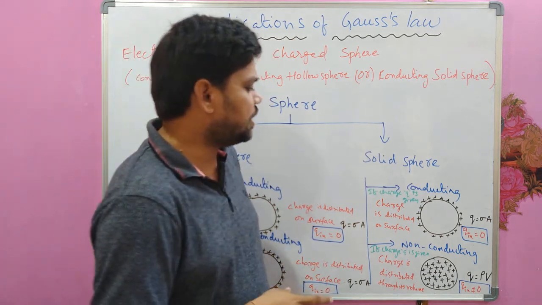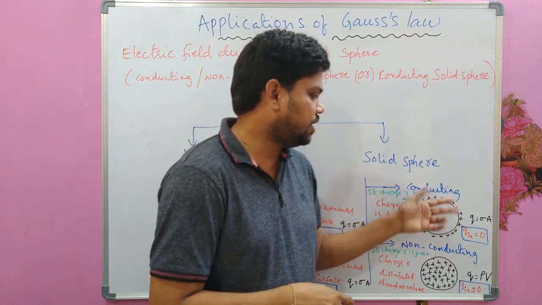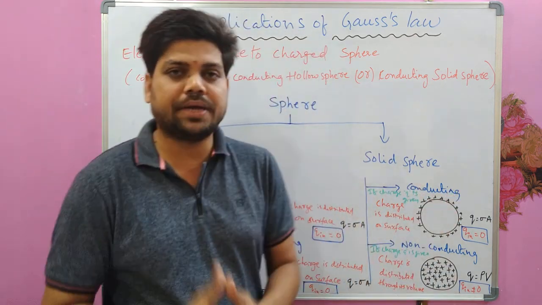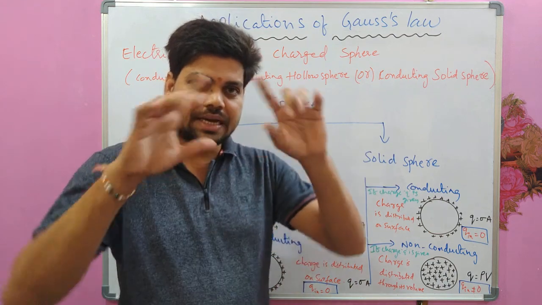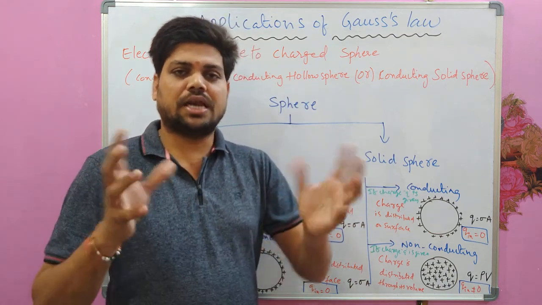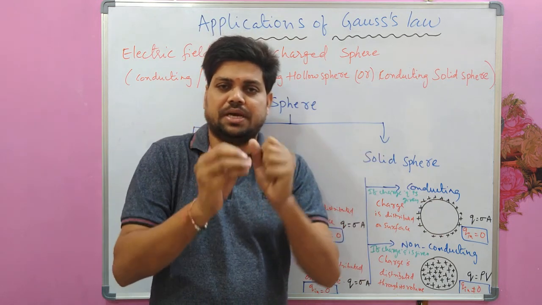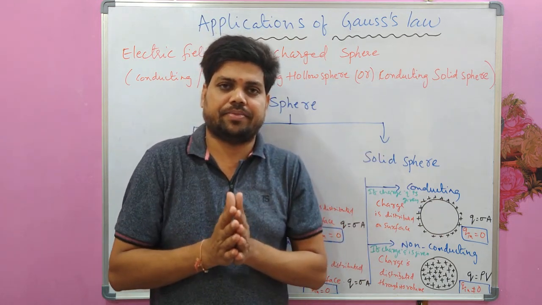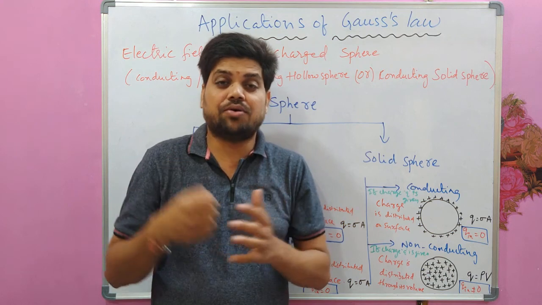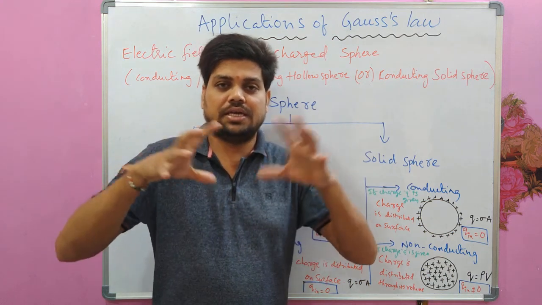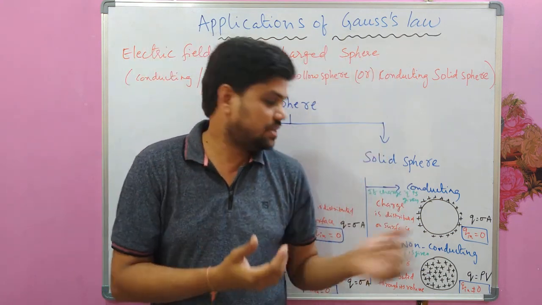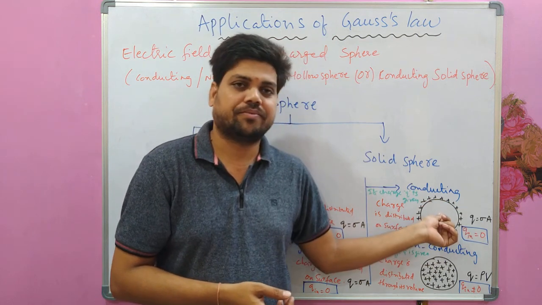And a similar scenario will be applied here. If you see a conducting solid sphere. Solid sphere means what? Throughout the volume of the sphere some material is there. Then how does the charge given to it come onto the surface as shown in this picture?